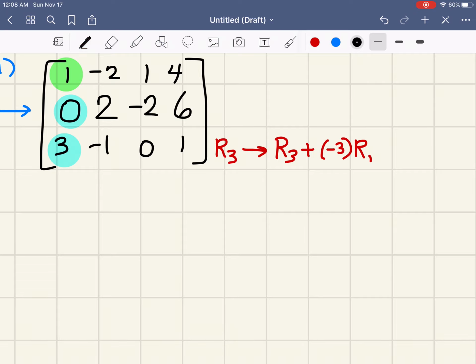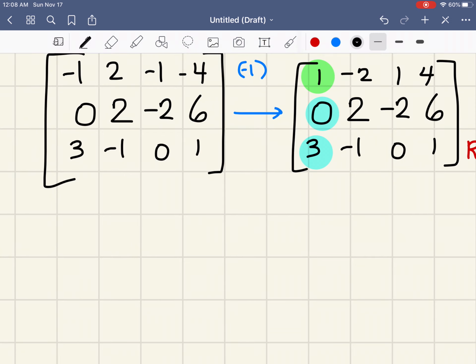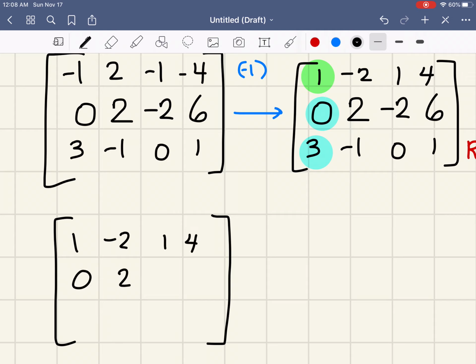All right, so let's go ahead and update my matrix here. We'll get nearly the same matrix, but I'll go ahead and write it down: 1, negative 2, 1, 4, 0, 2, negative 2, 6.